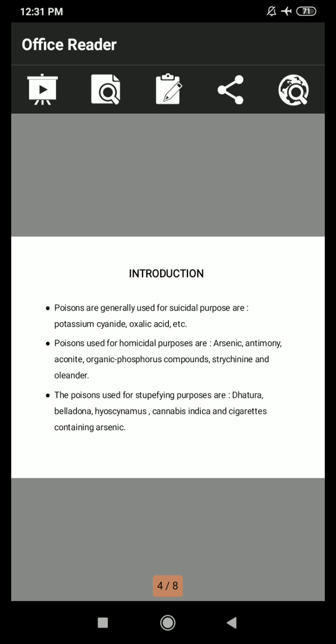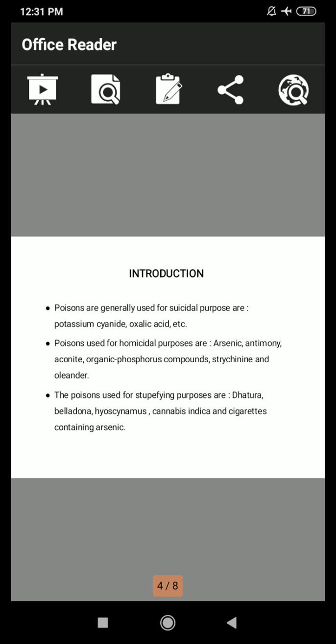First, poisons are generally used for suicidal purpose. Then poisons are used for homicidal purpose. Then poisons are used for stupefying purpose. Poisons generally used for suicidal purpose, for example, are potassium cyanide, oxalic acid, hydrocyanic acid, opium, barbiturates, organophosphorus compounds, and arsenic.